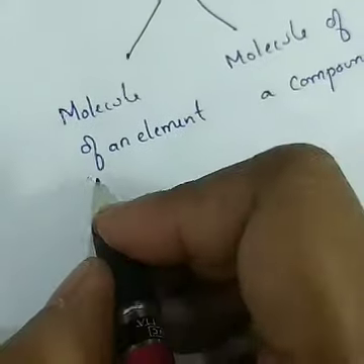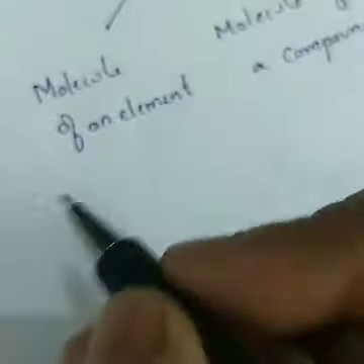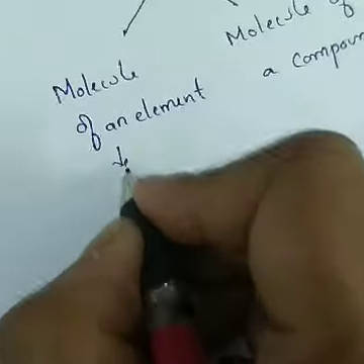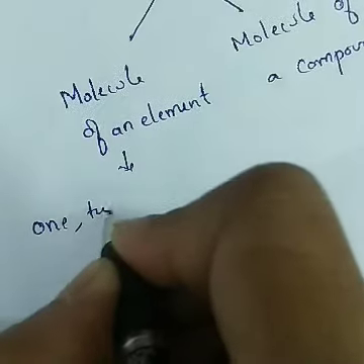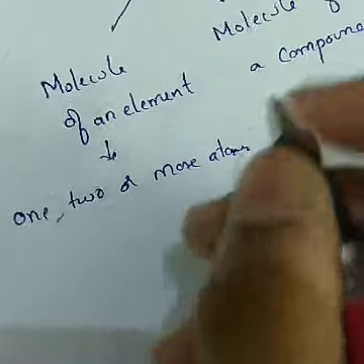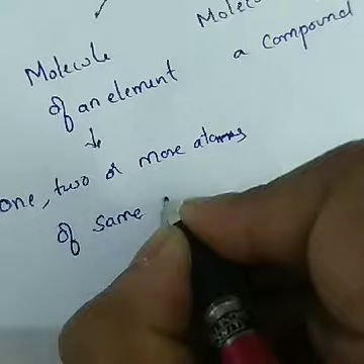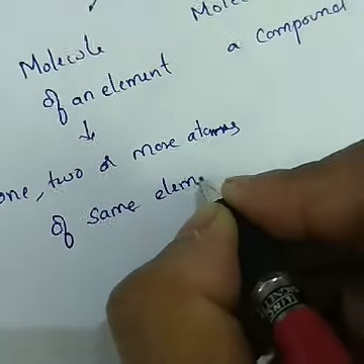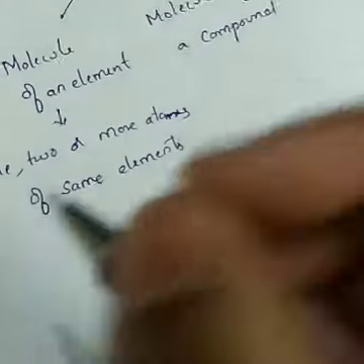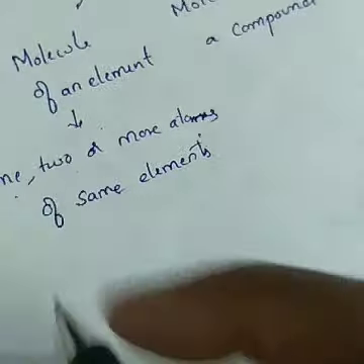Molecule of an element is when one, two or more atoms of the same element combine together, existing as one species. Depending upon the one, two or more atoms, we divide molecule of an element.